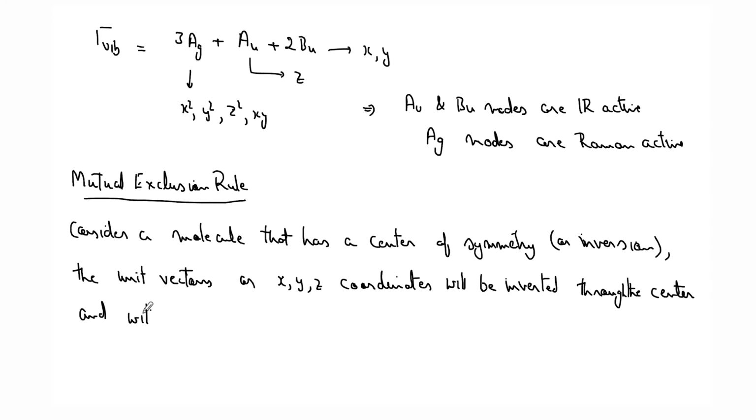and will transform as ungerade representation, right? So their irreducible representation would always have u as the subscript, because under symmetry operation i, x, y, and z will always have a minus sign. So a minus sign under i means ungerade representation.